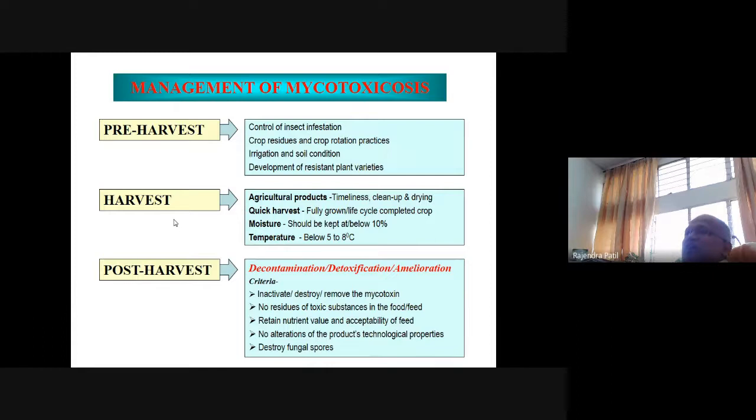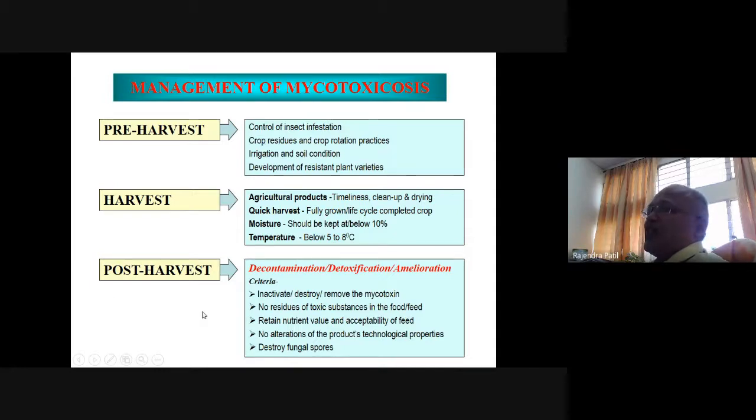The temperature should be kept below 5 to 8 degrees Celsius, so that most of the fungi will not grow at this temperature. And if moisture is more than 11 or 12% in the grains during storage, the fungi will also get an opportunity at that time. So we should keep moisture below 10 percent.